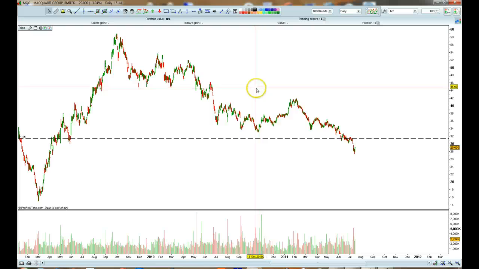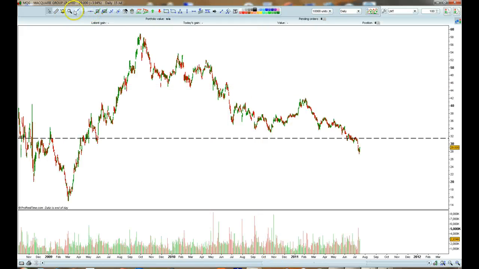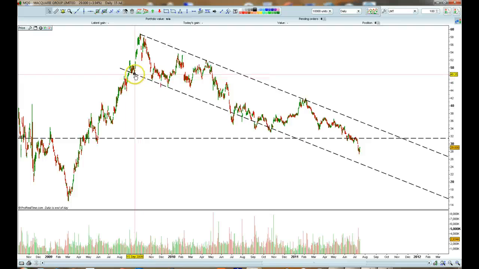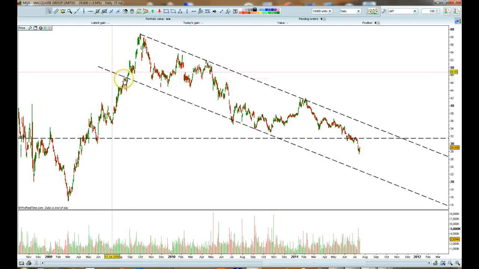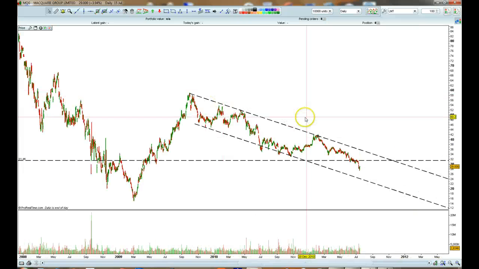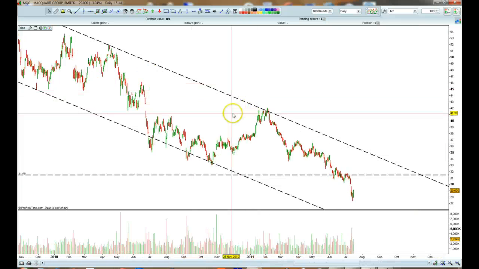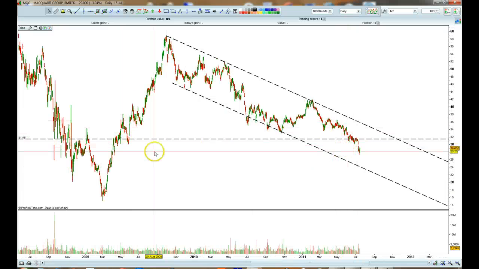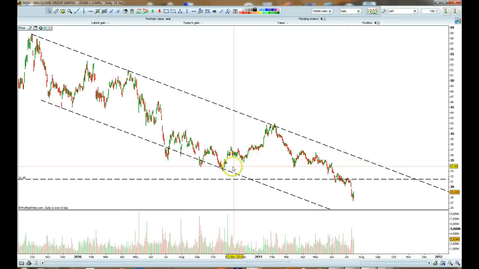I might just put a little trend line on, and just do the parallel line across there. So there's your downtrending trend channel, and not a lot of joy there, we can see, and it's just continuing its march down.